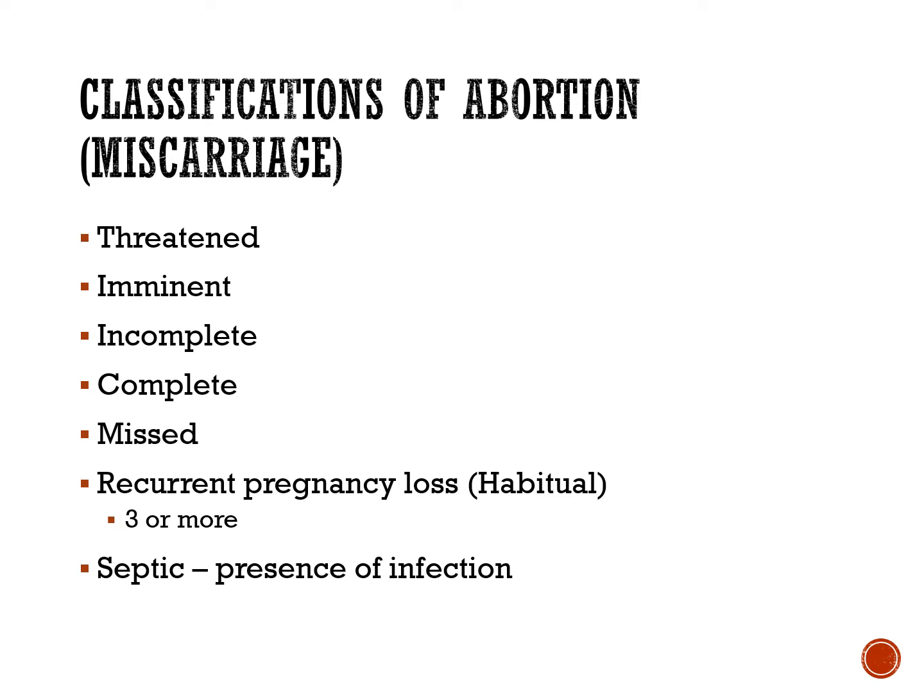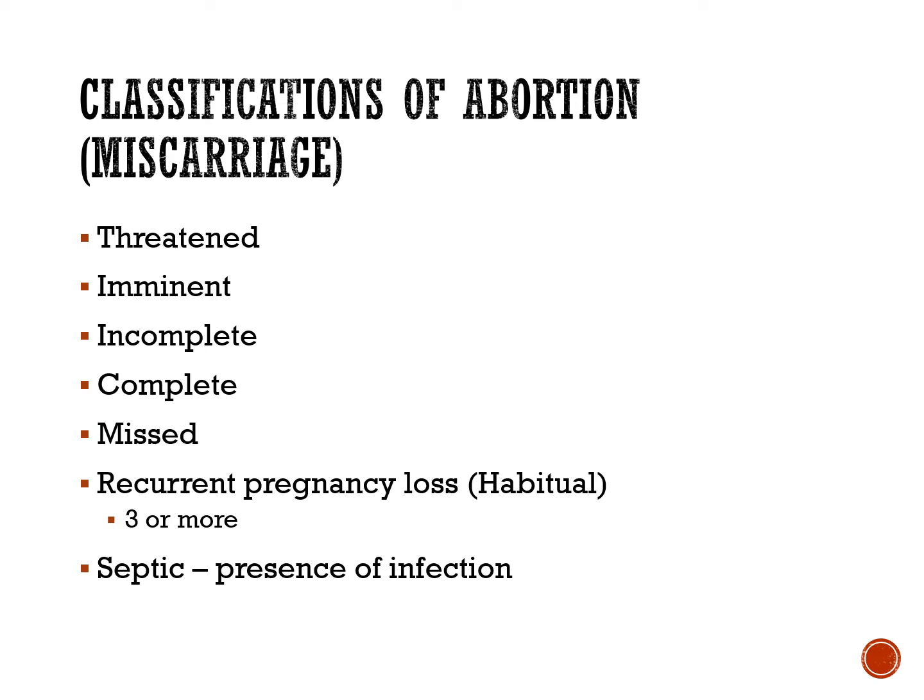The internal cervical os is dilated. Some of the products of conception are retained within the uterus, usually the placenta, and they have to have a D&C. Complete is when they have bleeding and the full products of conception are expelled. The uterus contracts and the cervix will then close after it has been released.